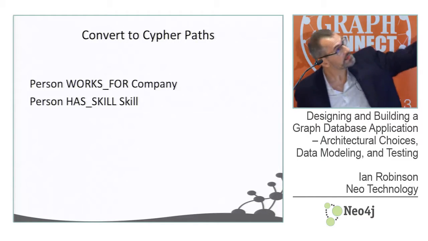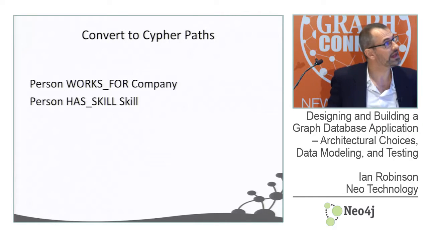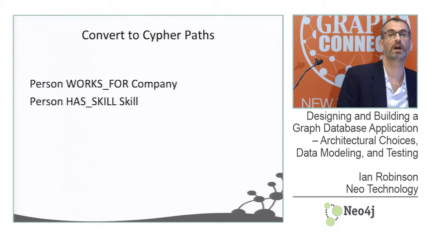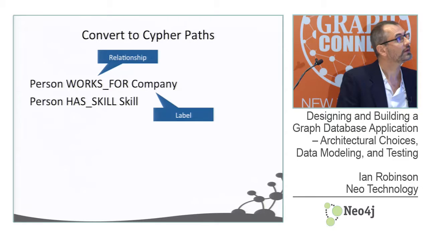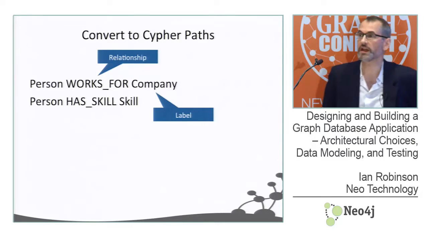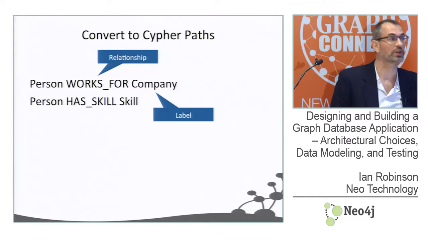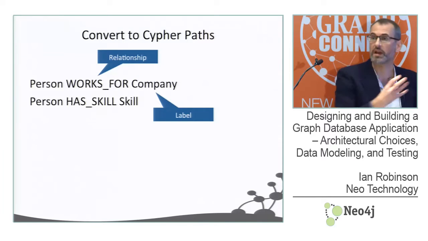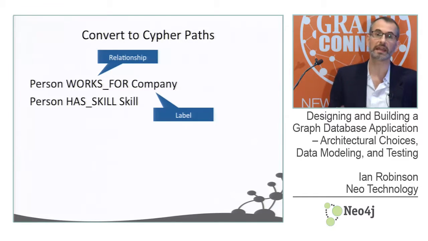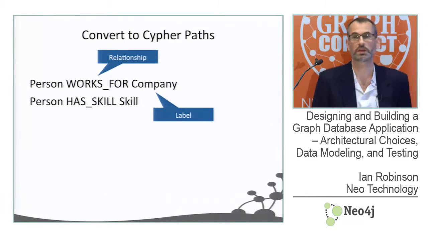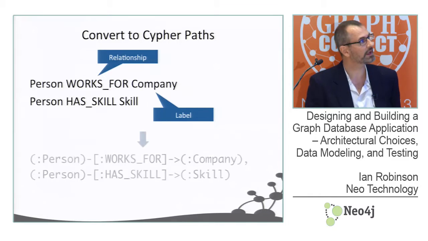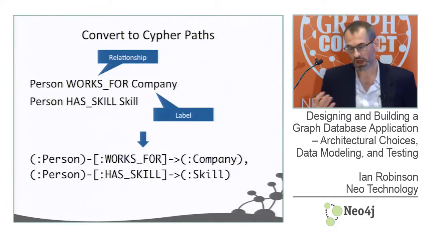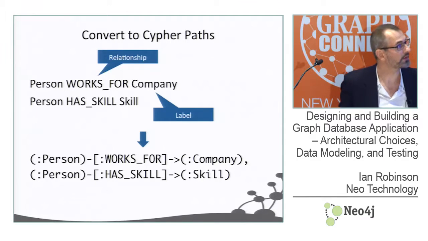I can then take these two expressions and translate them into Cypher paths. As I say, I've already identified likely candidate relationship names, and the things at either end of the relationship are likely candidate labels for some of the nodes in my graph. So I can turn them into a couple of Cypher paths.